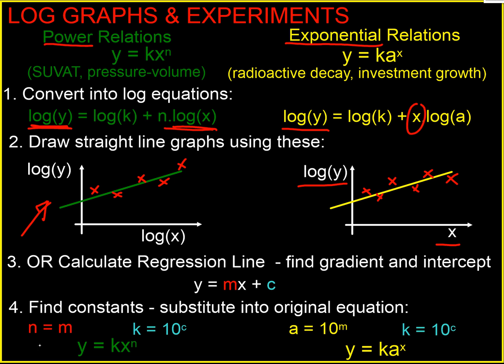From our relationships we can find out what our constants are. So in the power case, n will equal the gradient, and k will equal 10 to the power of the intercept. In the exponential case, a will equal 10 to the power of the gradient, and k will equal 10 to the power of the intercept. So there you have it. Best of luck.